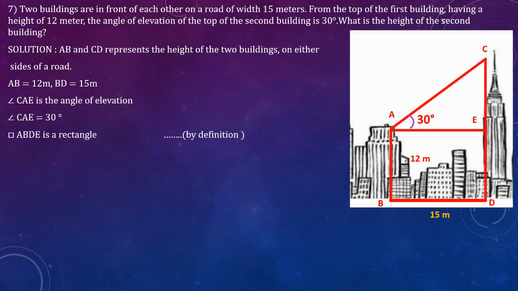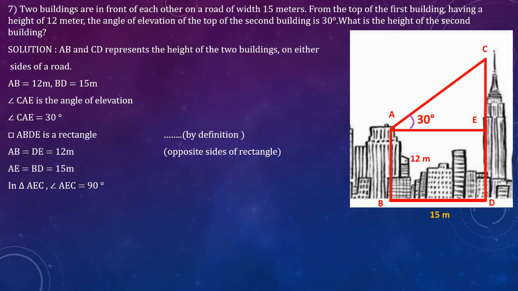Now we can see that quadrilateral ABDE is a rectangle. Opposite sides of a rectangle are equal, therefore AB is equal to DE, which is 12 meters, and AE is equal to BD, which is 15 meters. Now let us consider triangle AEC.